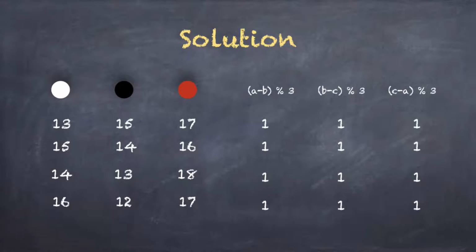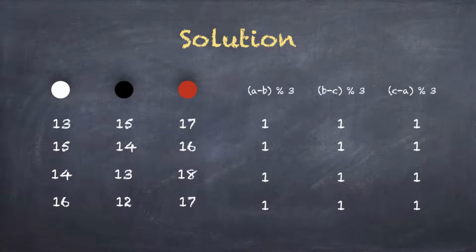So 13 minus 15 is minus 2, and minus 2 mod 3 is 1. Similarly 15 minus 17 is minus 2, and minus 2 mod 3 is 1, and again 17 minus 13 is 4, and 4 mod 3 is again 1. So we can see that these three values of the mod operation are invariant.